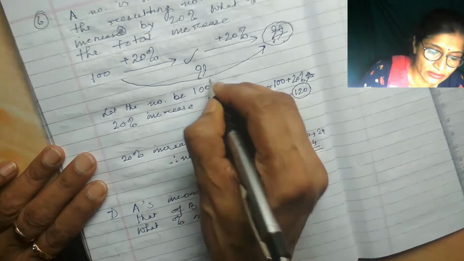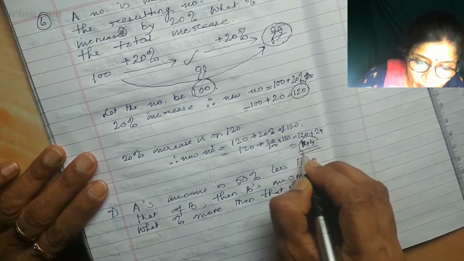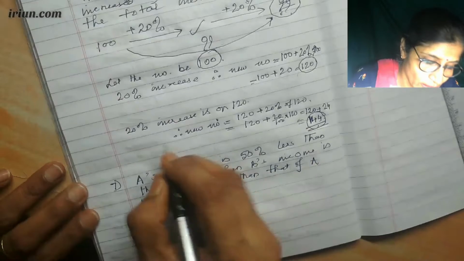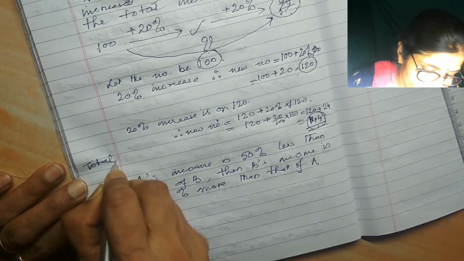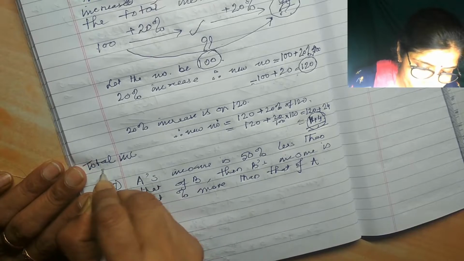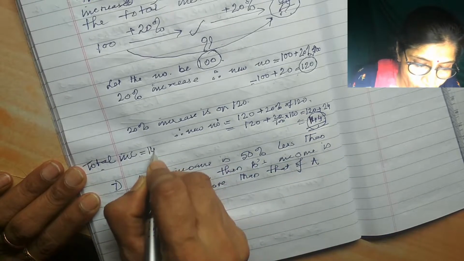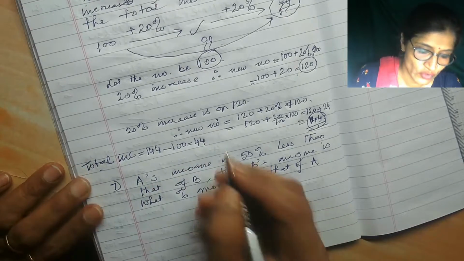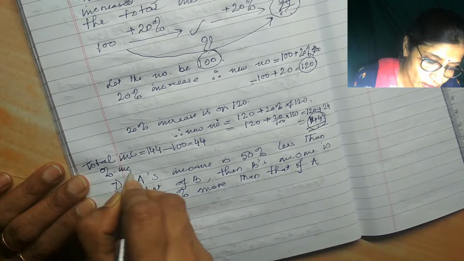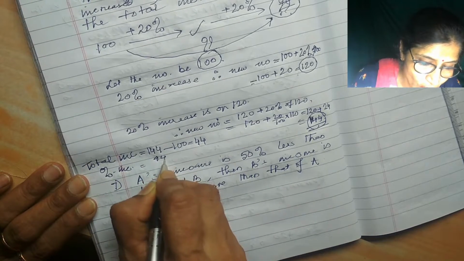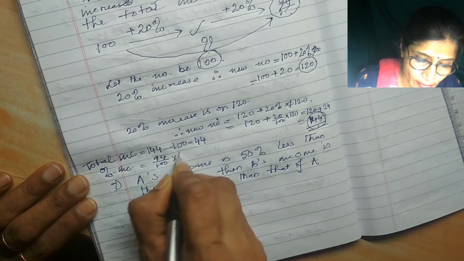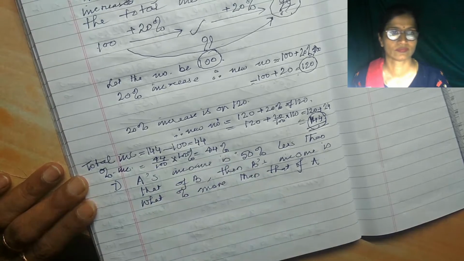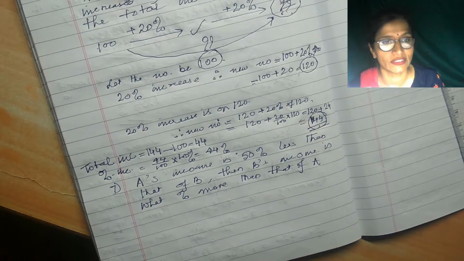So initially it was 100 and now it is 144. So total increase is 44, that is 144 new and 100 original. In terms of percentage it will be 44 out of 100 original into 100. So that is 44%. So 44% is the increase.